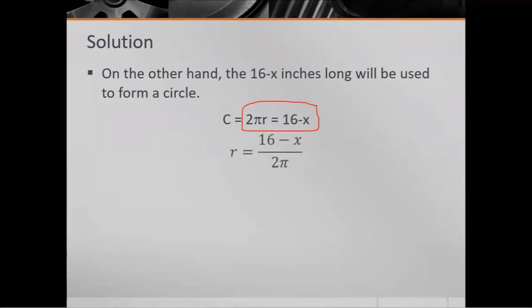So we have the r, maiiwan yung r. Cancel ang 2 pi sa left side, then sa right side naman over 2 pi. Kaya naging r equals 16 minus x over 2 pi.